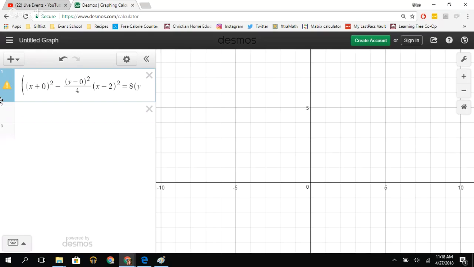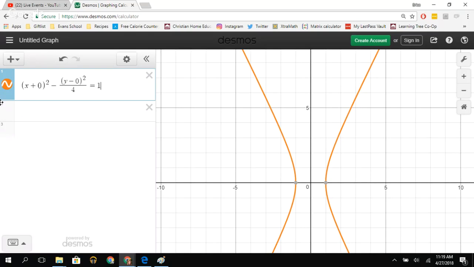So I'm just typing in example number 3 here. Equals 1. There we go. Okay. So again, this is a hyperbola, right? Its origin is at 0, 0. So you can see that the two focus points are equal distance away at -1 and +1.